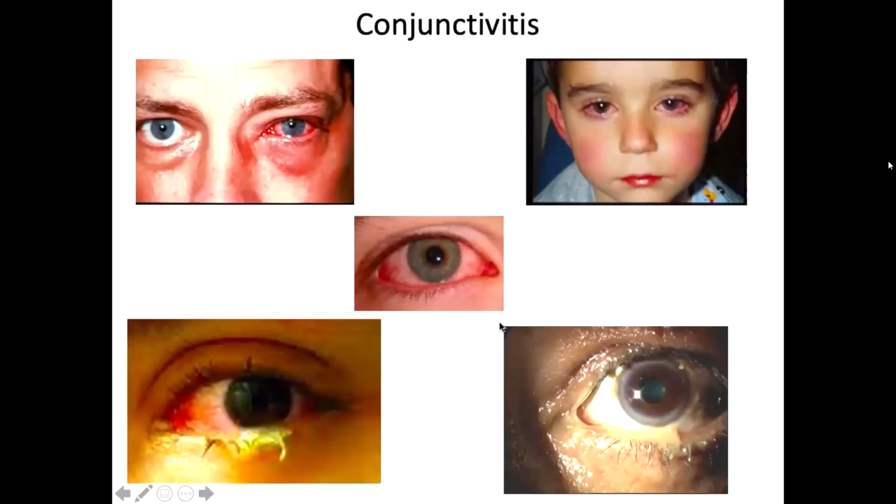Then the commonest thing we see is conjunctivitis, can affect any age. Mostly the eyes are red. Usually it starts from one side and then quickly gets to the other side.